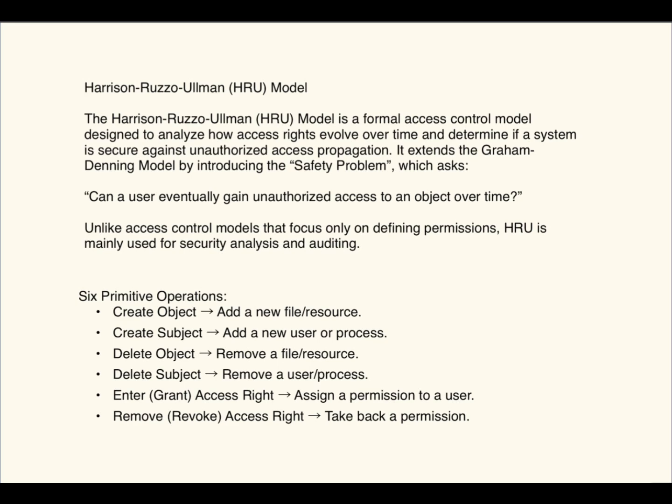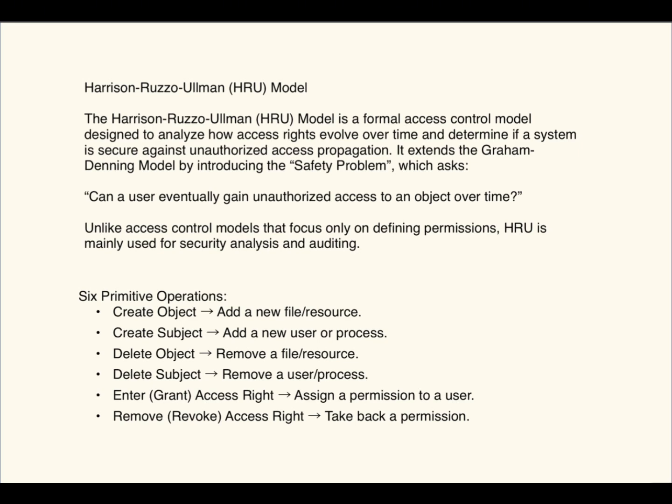If we summarize our discussion, we can say HRU is a security analysis model, not an enforcement mechanism. It helps predict unauthorized access over time and prevent privilege escalations. It is based on an access control matrix which can be updated manually or automatically. It is always recommended to do it automatically using identity access management.